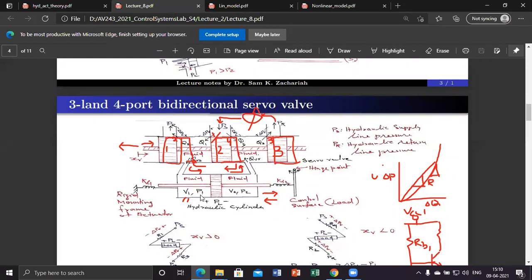Because of symmetricity, the pressure here, earlier 100 bar, will decrease to 95 bar by the same amount, 5 bar. So the increase of P1, delta P1, is equal and opposite to delta P2. That happens at the same time. So you can say that dP1 by dt is equal to minus dP2 by dt.